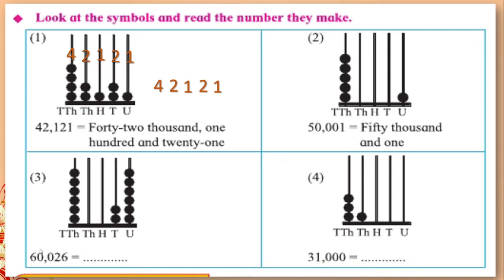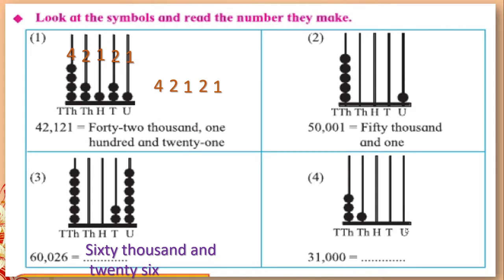So here 60 becomes one group, and this 026 is another group, in the unit, tens and hundreds places. So 60,026, because in the hundreds place nothing is there, right? We write 60,026.